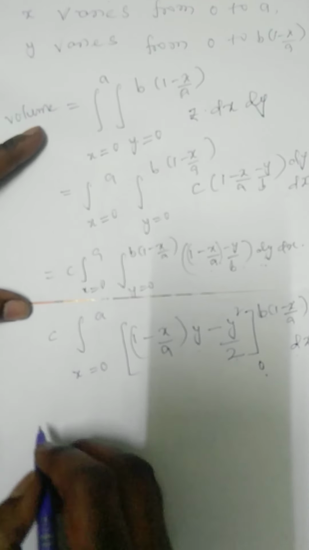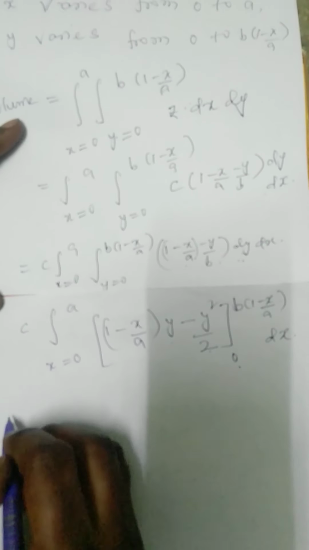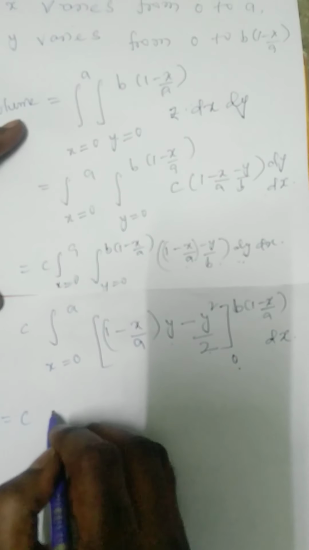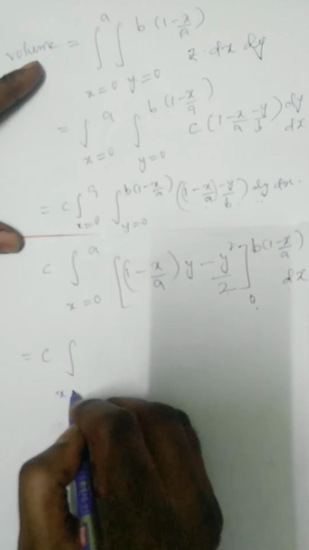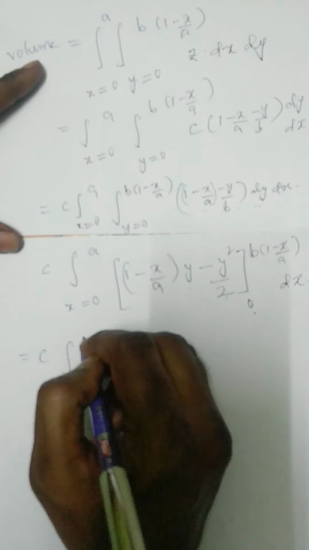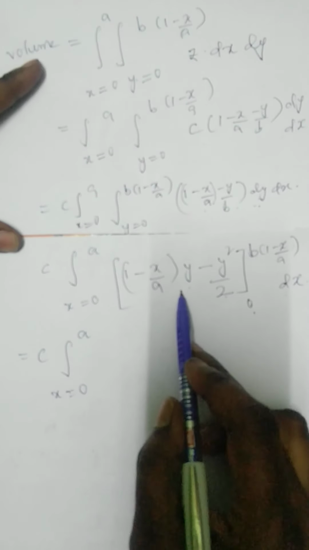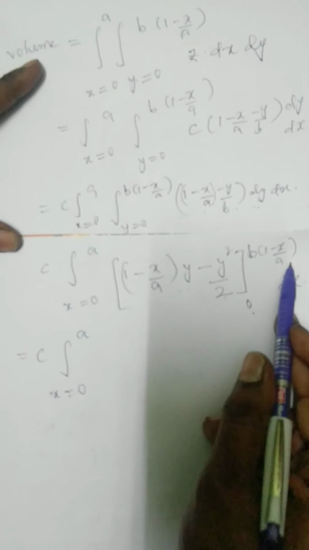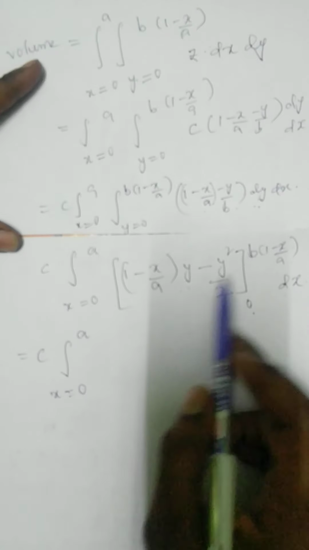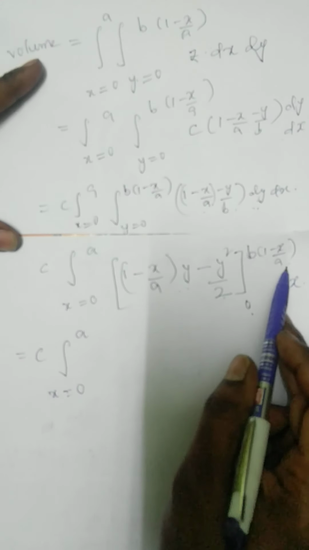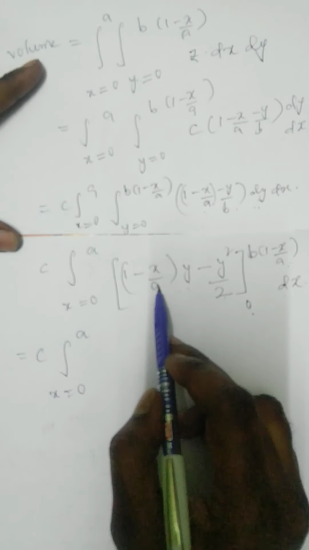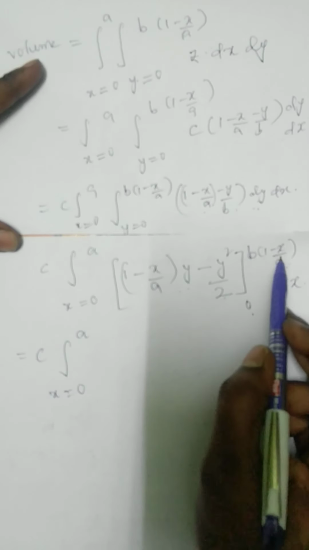Now that equals c into integral x equals 0 to a. In place of y we can replace b into 1 minus x by a. So already we have 1 minus x by a, and y is b into 1 minus x by a.